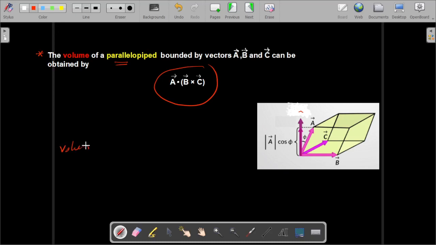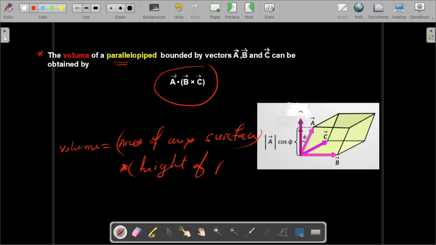Volume is the area of any surface multiplied by the height of the parallelepiped, right? Now I have taken an area.